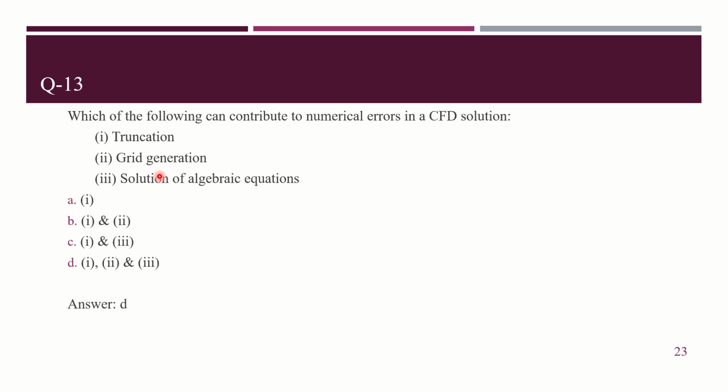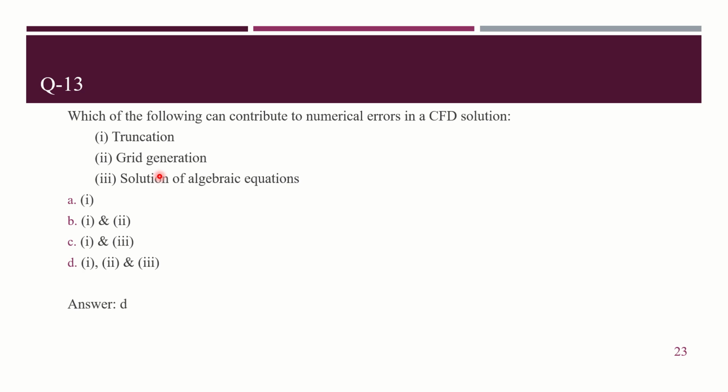The grid size is nothing but how far the information is traveling. If it is near, the information will be completely traveling. If it is far, that is in coarser grids, there will be some loss in information. So grid generation again contributes to numerical errors. Third one, solution of algebraic equations.